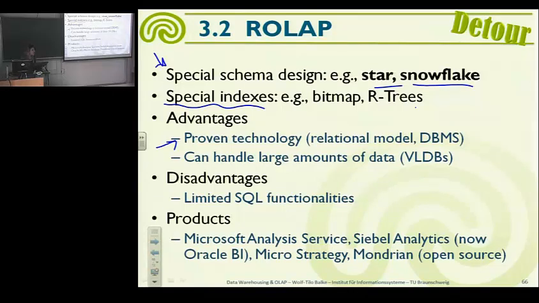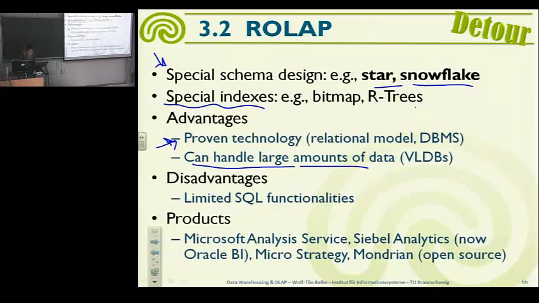Advantages: it's a proven technology, so everyone has been using it, everyone has it as an infrastructure already, so you don't need to make a lot of investments. It's not a new technology that you need to bring into the company. And it can handle large amounts of data, and that's not a problem. Disadvantages: you're limited to the SQL functionalities.